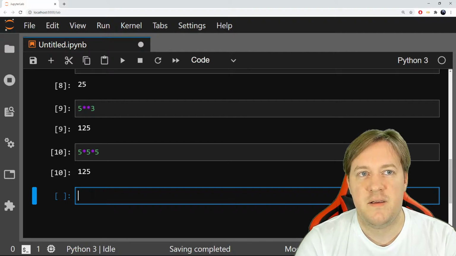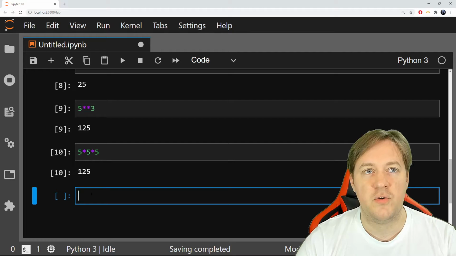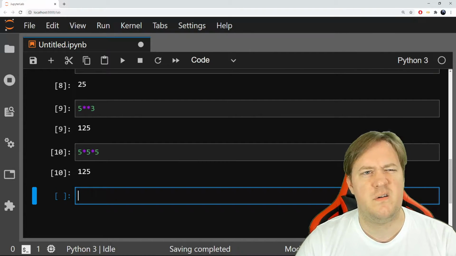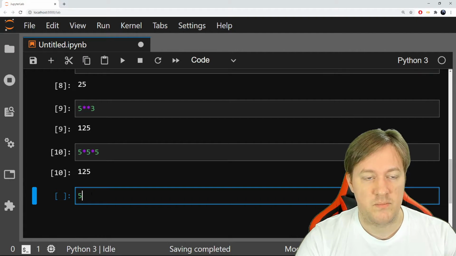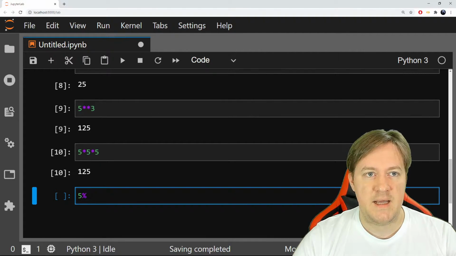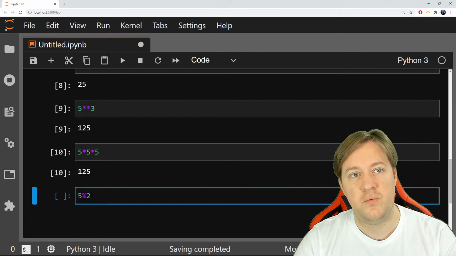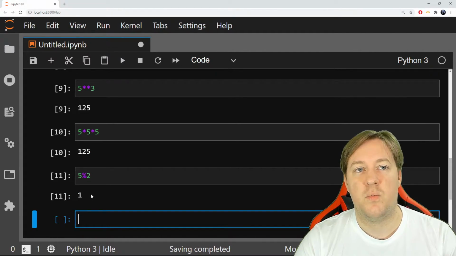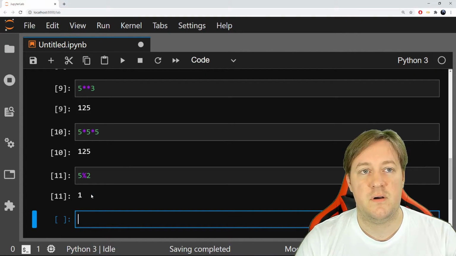The last one we'll see on this specific thing is, okay, how do we get the remainder from a division? You'll say, why would you want that? You'll see, sometimes it's useful. There's something called modulo. If you do 5 modulo 2 and run that, you get 1. Why? Because we're asking for the remainder of the division of 5 by 2.